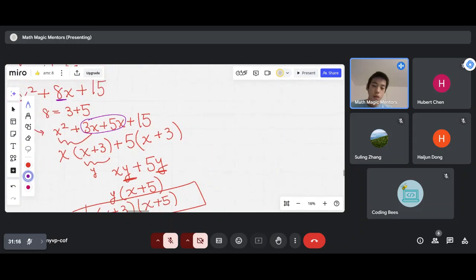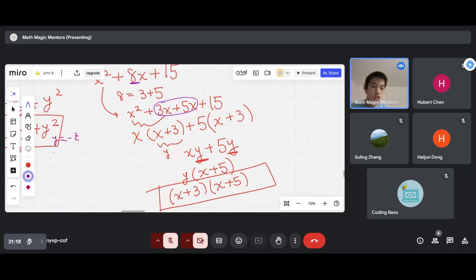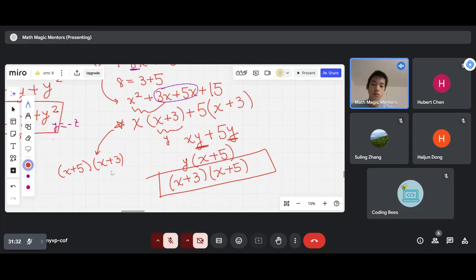So once you get more experience with factoring, you can just go from this step right over here to x plus 5 times x plus 3, which is really nice.